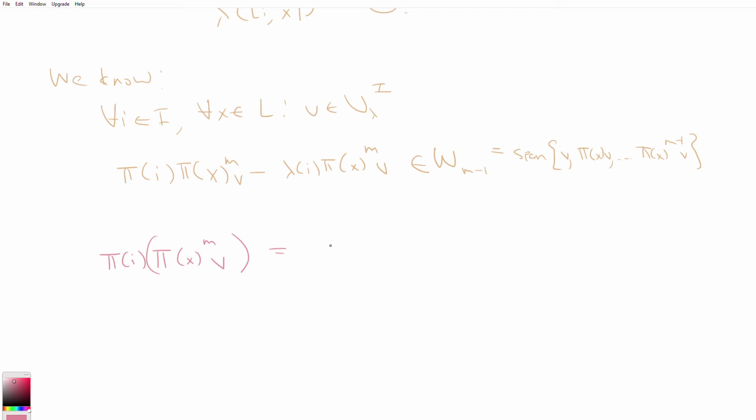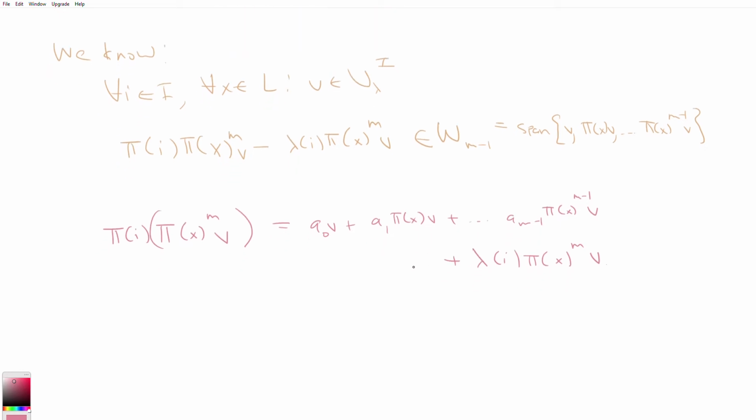So we have a_0 v plus a_1 π(x) v plus dot dot dot a_{m-1} π(x)^{m-1} v plus λ(I) π(x)^m v. Okay?